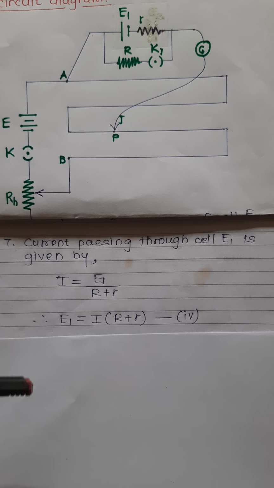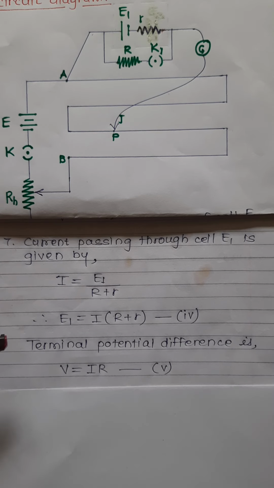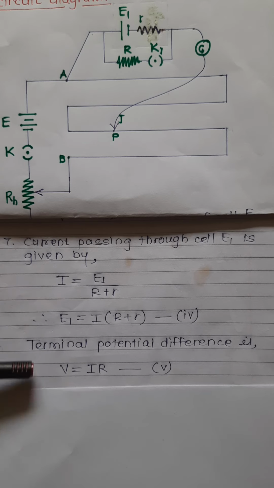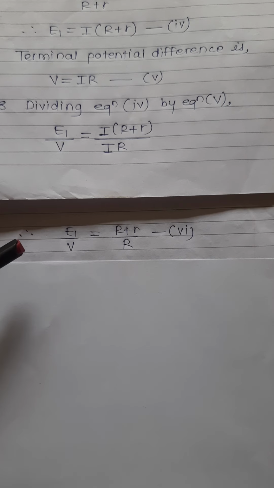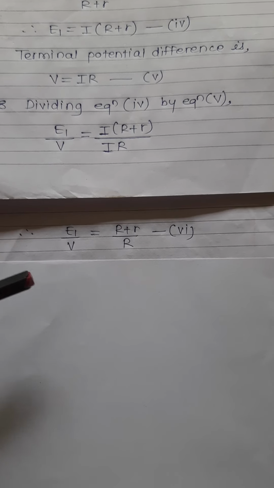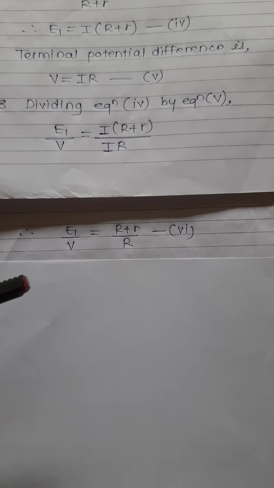Let this be equation 4. Now terminal potential difference in this case is given by V is equal to IR. Let this be equation 5. Now divide equation 4 by equation 5 and we get E1 upon V is equal to capital R plus small r upon R. Let this be equation 6.